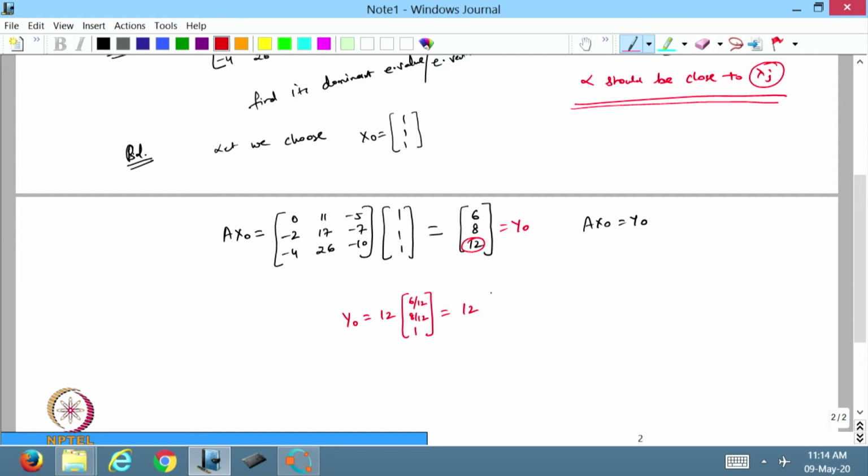So, this is 1 by 2, 2 by 3 and then 1. So, this becomes 12 into this vector. I will call this vector x1 and we call this c1. So, I can write y naught is equal to c1 x1, where x1 is a normalized vector.